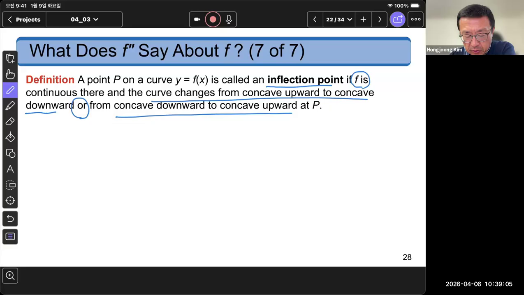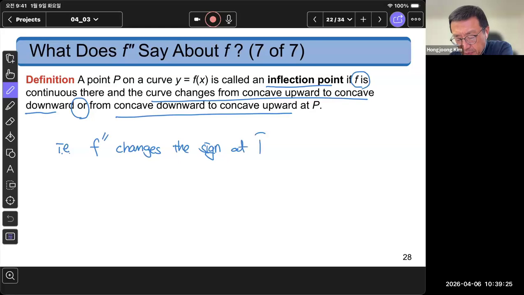So, in other words, if f double prime changes sign at p, then this p is called an inflection point.